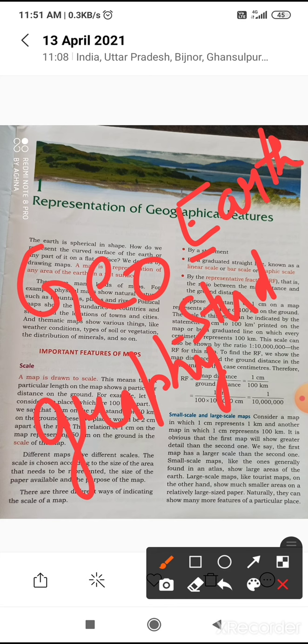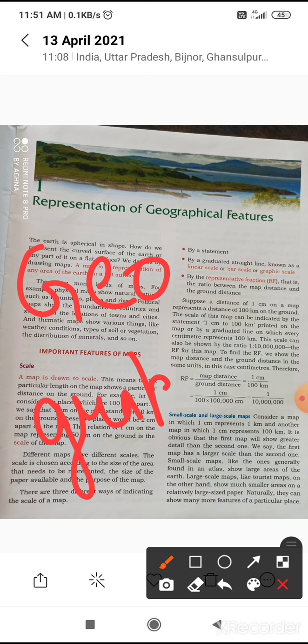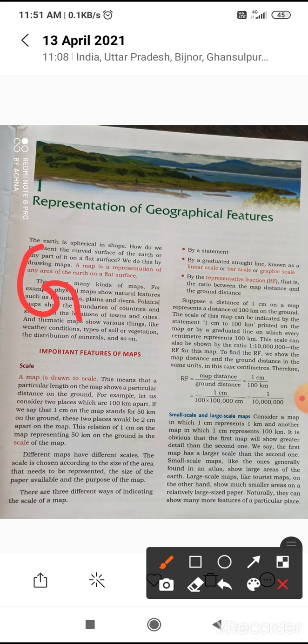You have studied the same thing in class 6th, and again you are going to study in a detailed way about this chapter. Next is what are features. You can say the attributes, or you can say man-made and the natural features. Man-made, again the same which you have studied in 6th class.